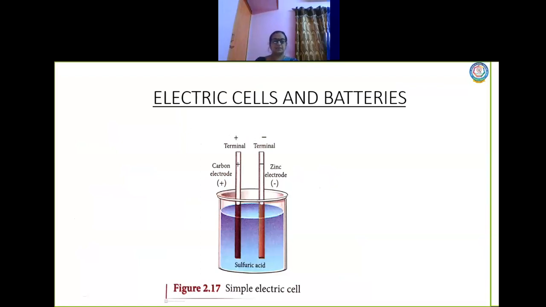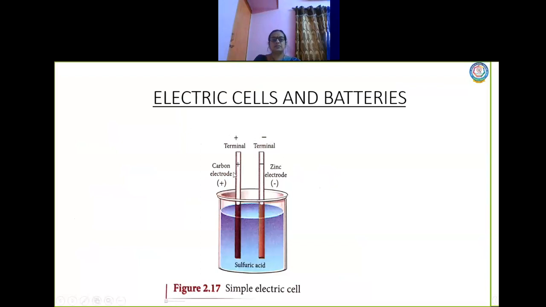So what is happening? How do the chemical reactions work? What are the things that are present inside a cell? That is what we are going to learn here. An electric cell converts chemical energy into electrical energy. Now, there are two electrodes. Look at this diagram.